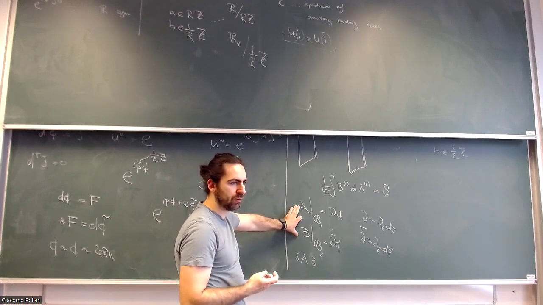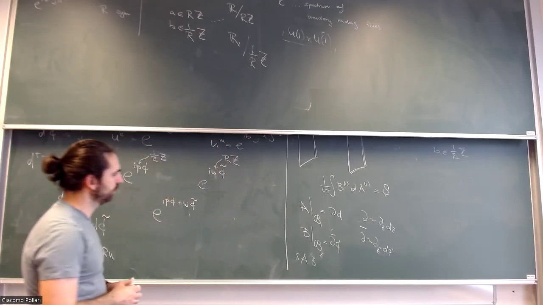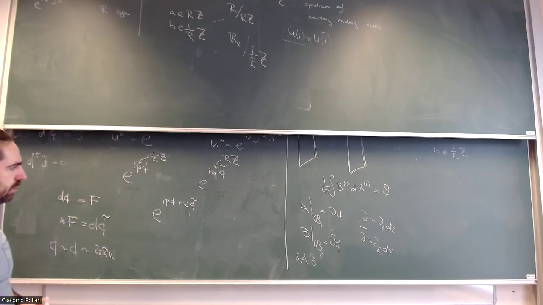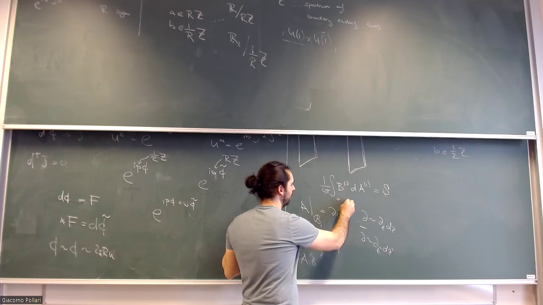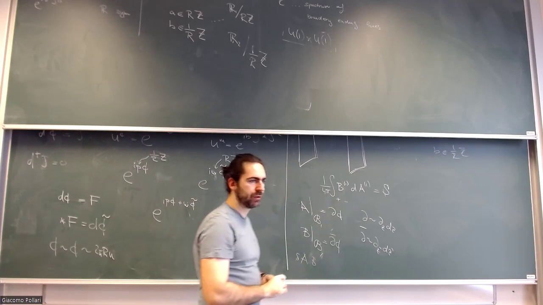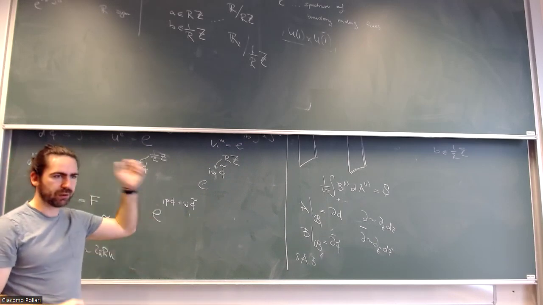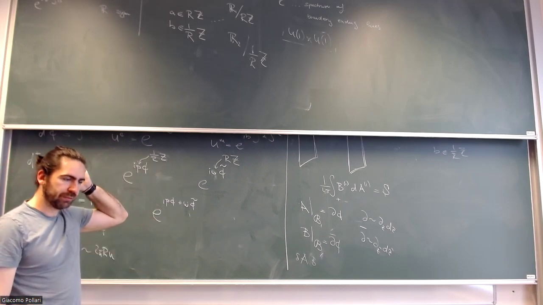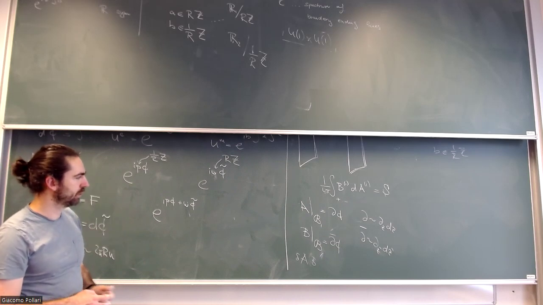So this is not the full action. There's extra stuff I need to add, which is localized at the boundary so that it cancels out. I see, okay. So there are extra terms.